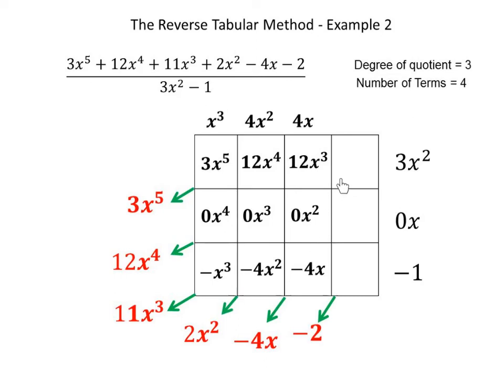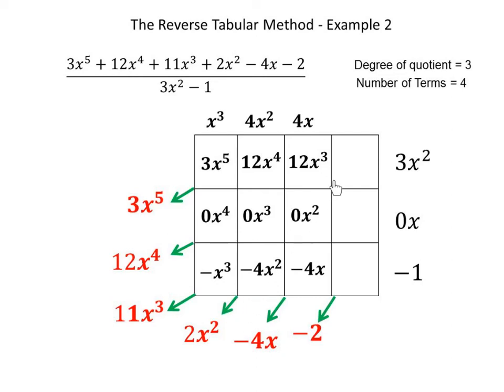Now we're going to go to the last column. We're going to use the same process. We know that negative 4x squared plus 0x squared plus some blank will give me 2x squared. So think about it a little bit. You're going to add something to negative 4x squared that will give me 2x squared down here.